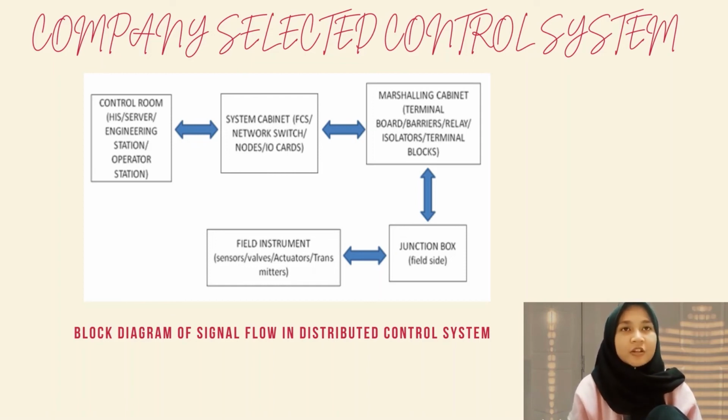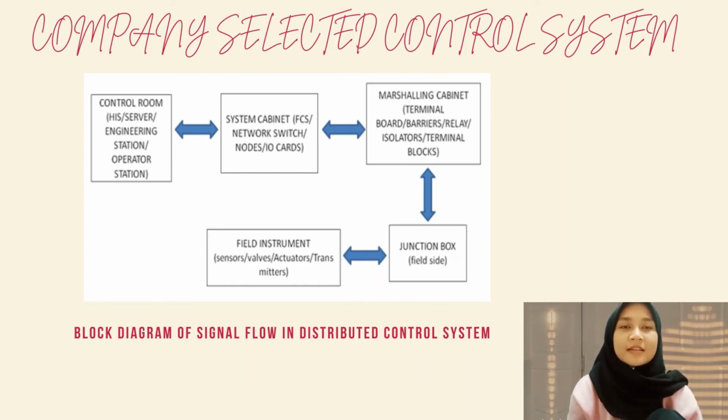The controller will receive the signal and send it to the system cabinet. Logic blocks present in the FCS and the signal is sent to the I/O card modules. It will change the signal into an analog or digital signal depending on the requirement.